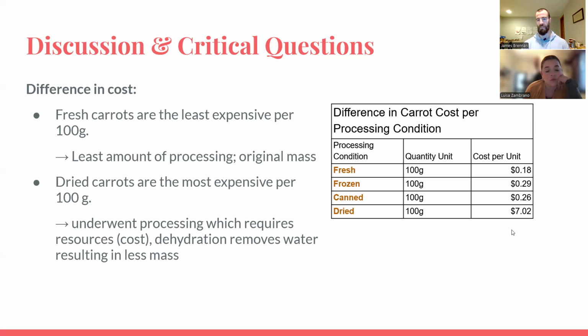So in order to get that $7.02 price, we actually had to take a full entire package and then add more to it just to get to that amount. Like Luisa said multiple times, with the drying process, you are concentrating these nutrients because you're removing so much of the water. So per 100 grams, that cost is significantly higher compared to fresh, frozen, and canned.